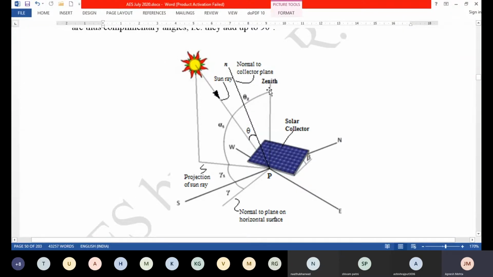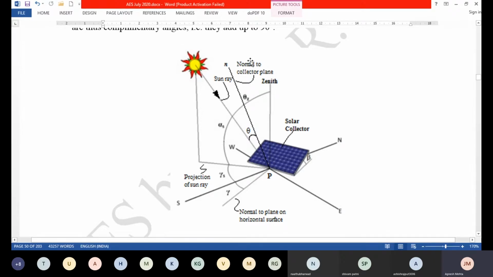If you might have observed, or you might observe it now, if it is summer, then the sun path will be higher in the sky, while in case of winter, the sun will move at a lower altitude in its path.